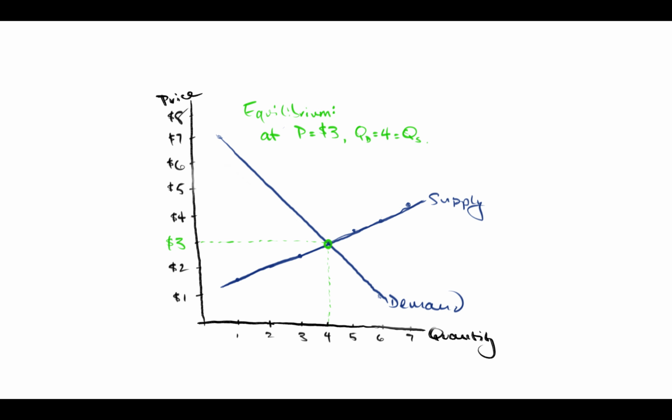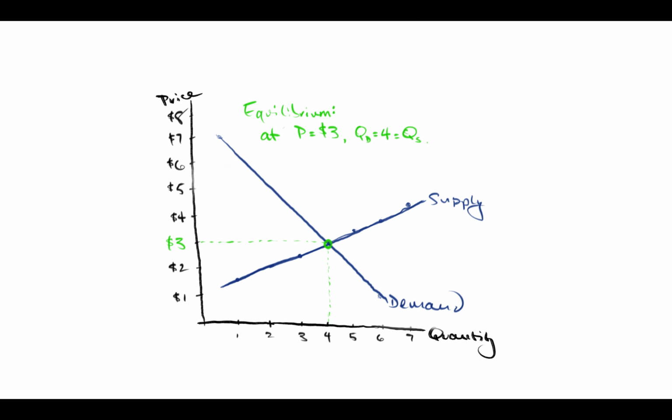The supply curve tells us all the different quantities supplied at all the different prices, and the demand curve says the same thing for the other side of the market. Demand curve tells us at each price what quantity would be demanded. The law of demand says that as prices increase, the quantity demanded goes down. People are willing and able to purchase less of the good as it becomes more expensive.